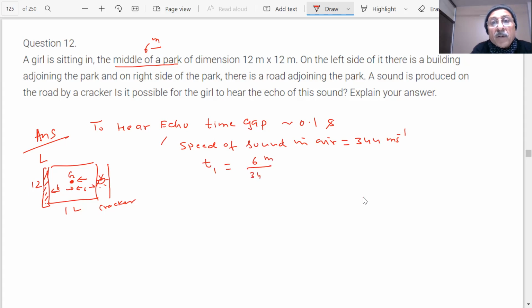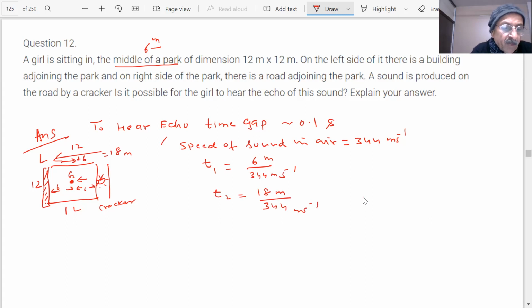Divided by 344 meter per second. Now if it goes and then comes back, then how much distance is it covering? 12 plus 6. 18. Yes, sir. 18 meter by 344 meter per second.